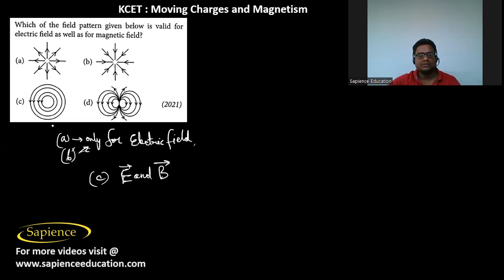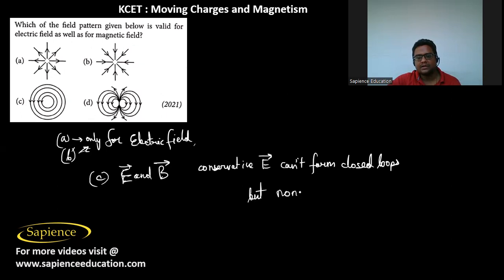Why option C? We know that a conservative electric field cannot form closed loops, but a non-conservative electric field can form closed loops.